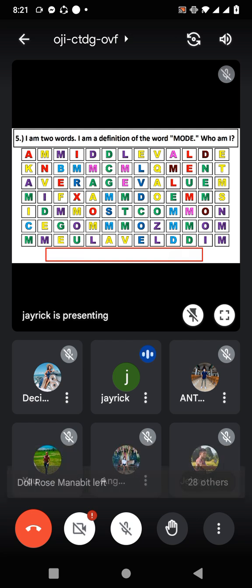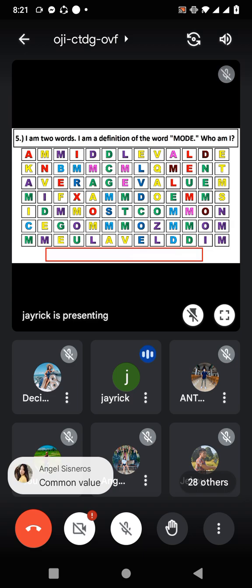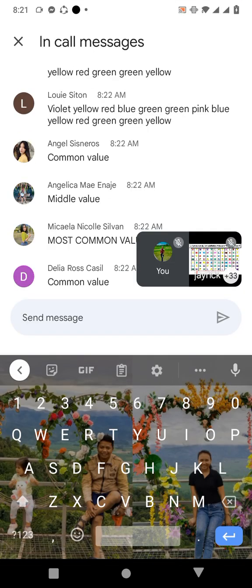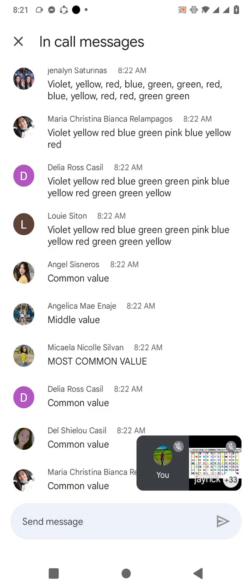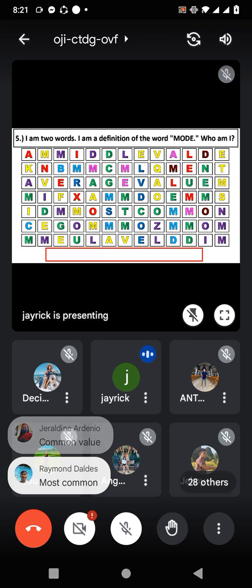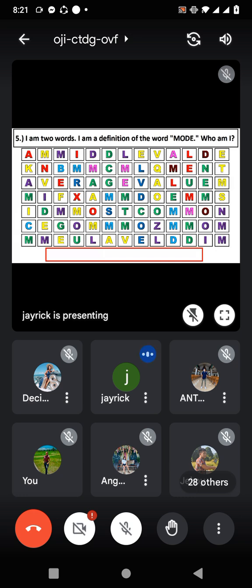I am two words. I am a definition of the word mood. Who am I? I am two words. I am a definition of the word mood. Who am I? The answer is very good. According to Ma'am Micaela Nicole Silvan, most common value.